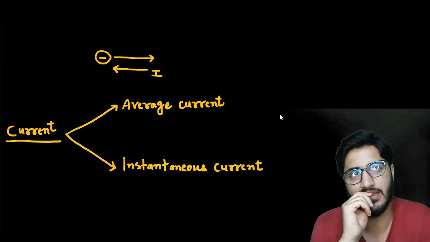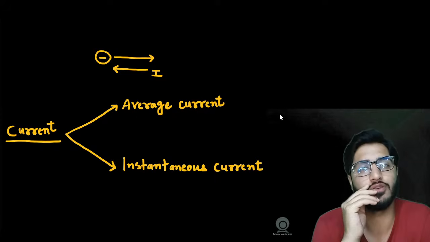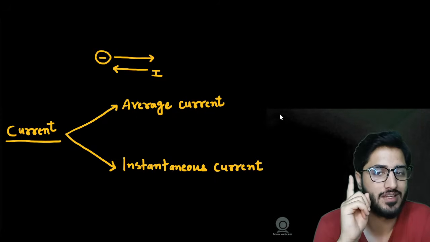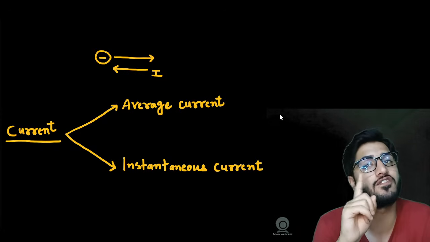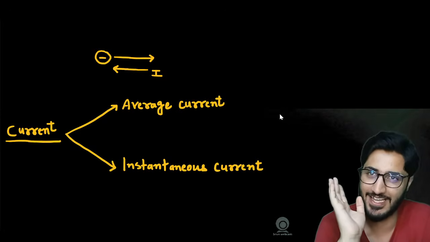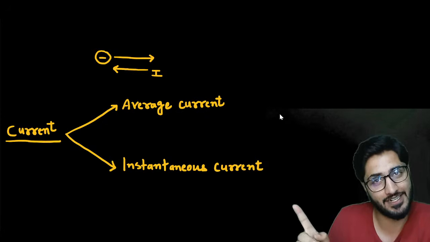Second statement. Current is flowing through the conductor, and I ask you, find the current in the time interval of 0 to 4 seconds. That means in 4 seconds, you need to calculate current.